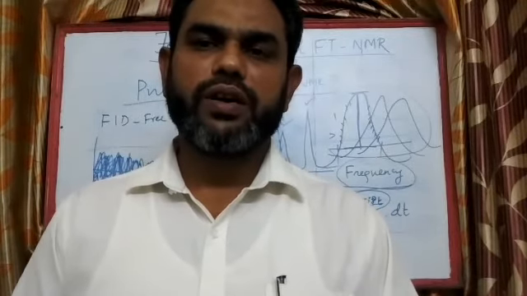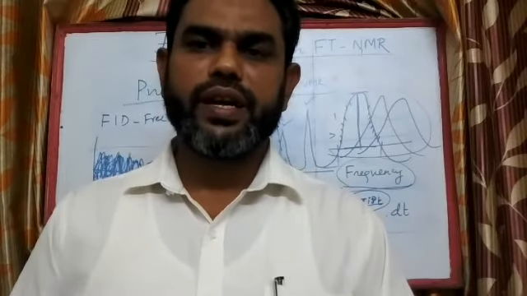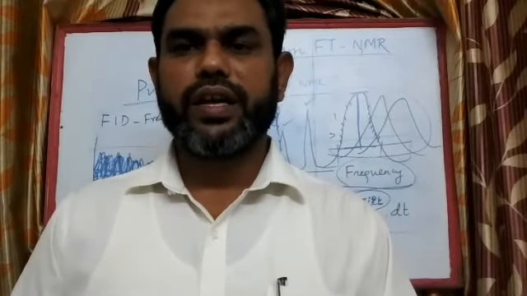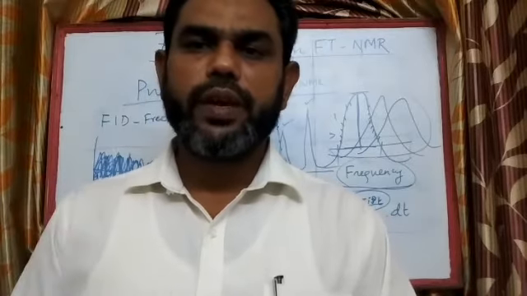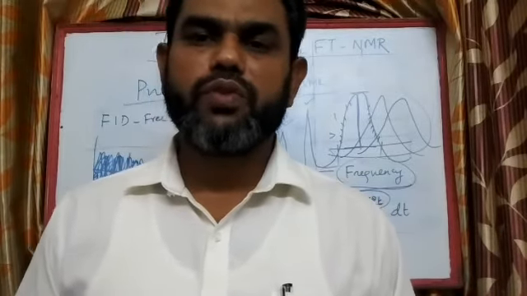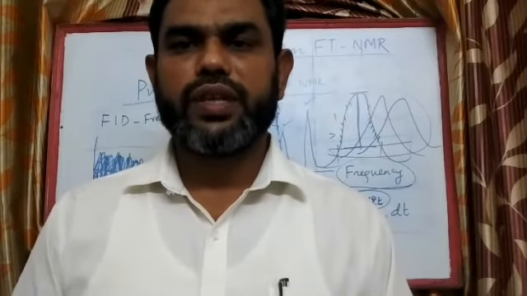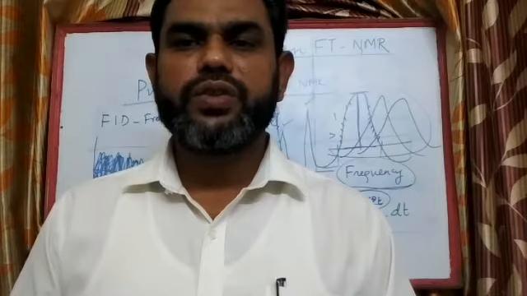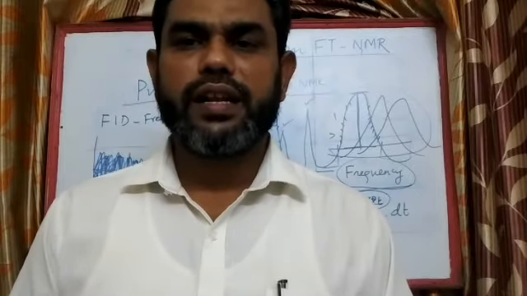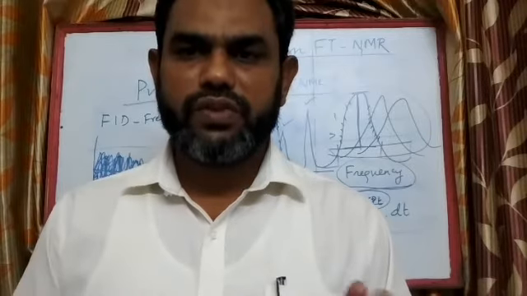So we have to minimize the noise and improve the signal, and the sensitivity of the instrument should be improved to the maximum in order to get a very good spectrum. For that we use a technique called pulsed NMR, which is otherwise called Fourier transform NMR.